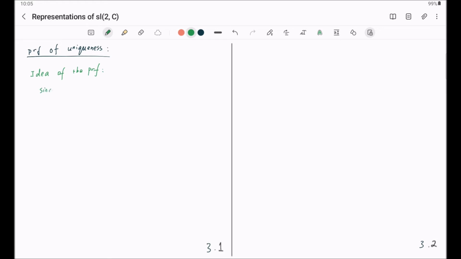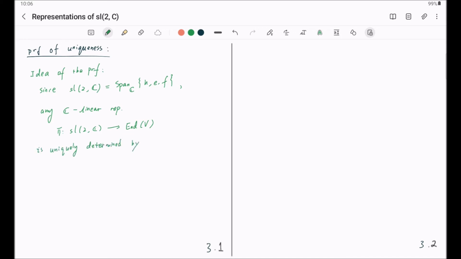Since little sl2C is spanned by H, E, and F, any C-linear representation pi from sl2C to the endomorphisms on V is uniquely determined by pi of H, pi of E, and pi of F.